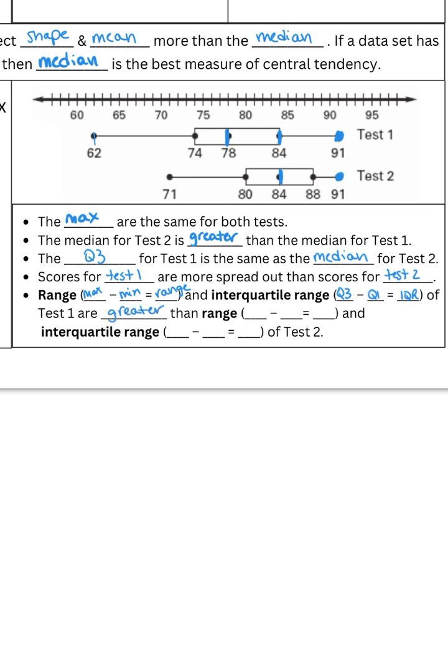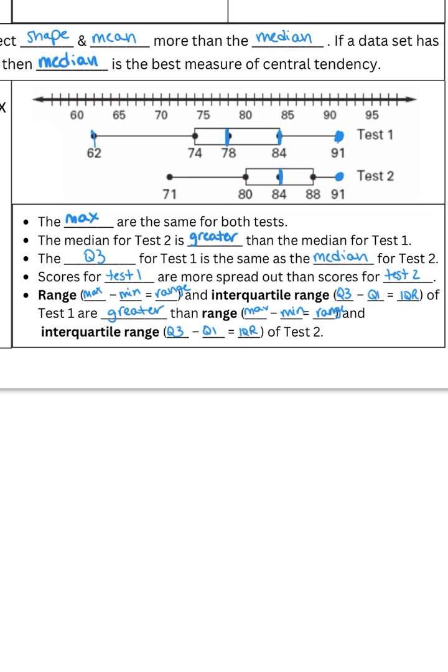Because, we're just writing this again. Max minus min is range. Interquartile range is Q3 minus Q1 equals IQR. All right, so test 1 is greater than because the range is going to be more than 20.